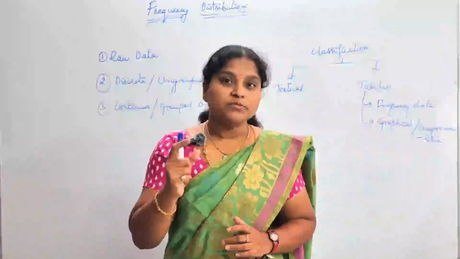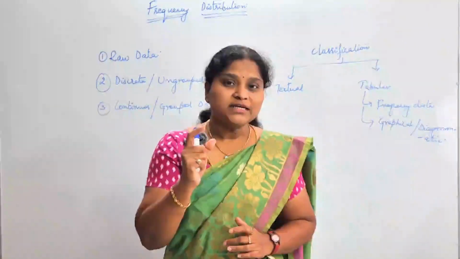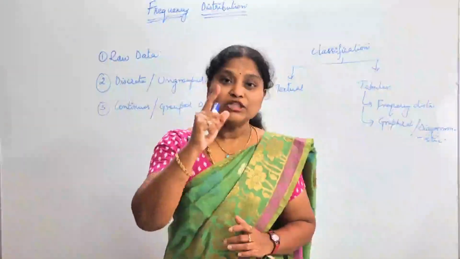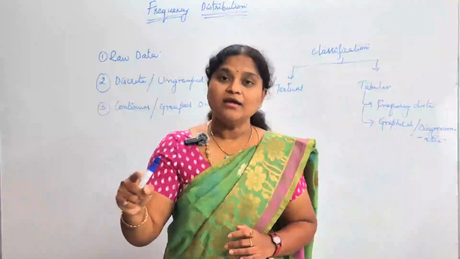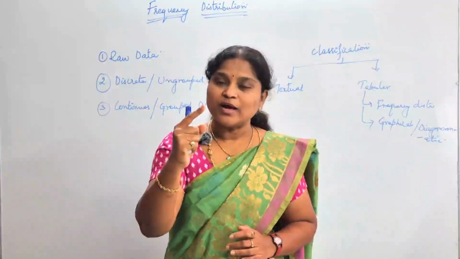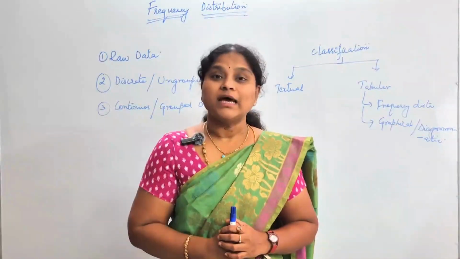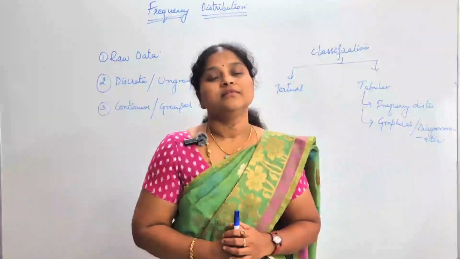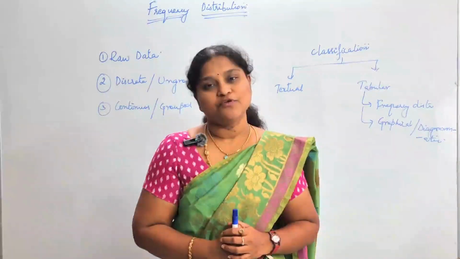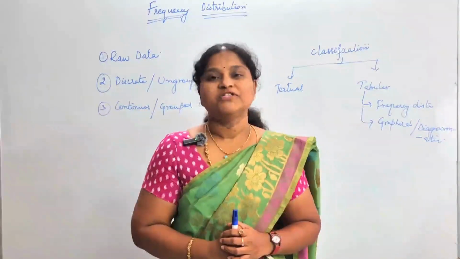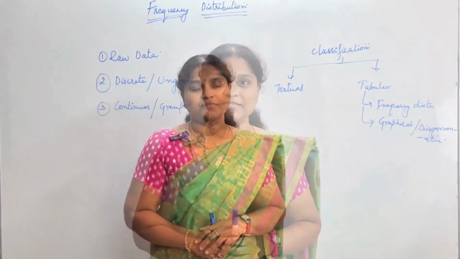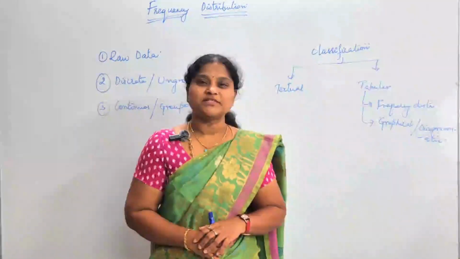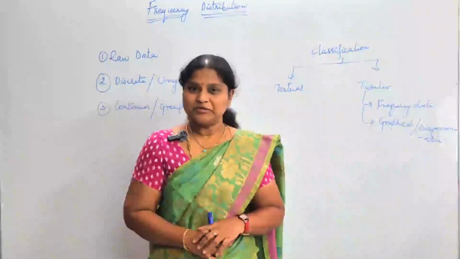And frequency distribution is the presentation of the complete data in the form of a table where the frequency of each value is represented. The other one is diagrammatic or graphical representation, where the data is represented in the form of a picture, which is further discussed in the next class. And for the textual representation of data, you can refer to the previous video.